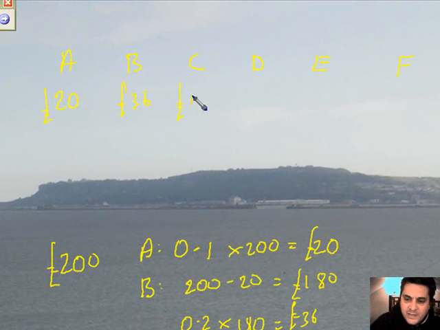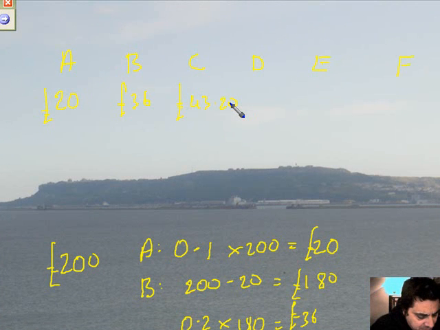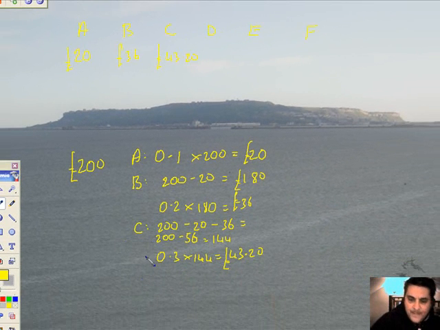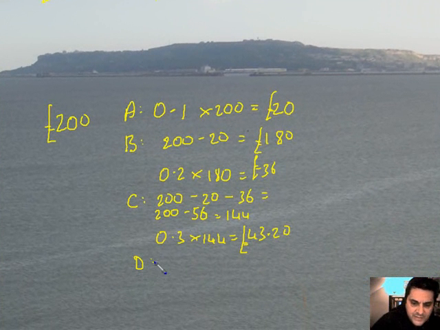So Carrie gets £43.20. Now, what's Dave's story? Dave gets 40% of what Amy, Ben, and Carrie take. So what have we got so far? Before Carrie took her slice, we had £144.